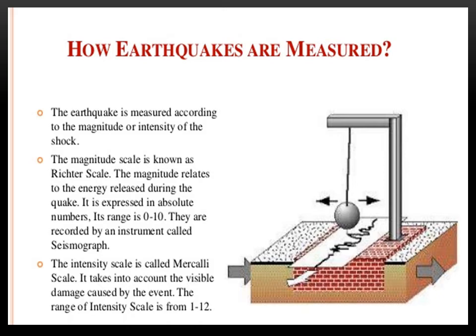On this scale, a 6 means that the tremor in this earthquake is 10 times greater than a scale of 5. From a scale of 5, the tremor is 10 times greater on a scale of 6. And the amount of energy released is about 32 times greater.